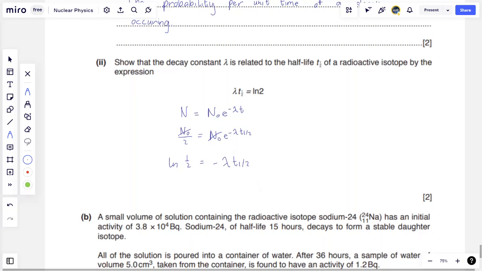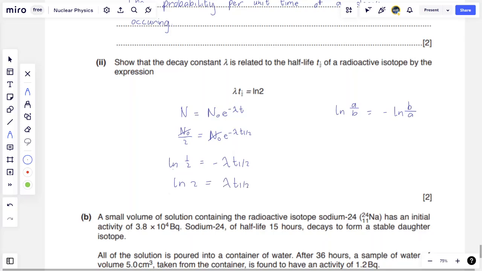But what I know from my log laws is that the log of a over b is minus the log of b over a. That comes from another log law that says log of a over b is log a minus log b. So simply, I can write log of half as minus log 2. And so I get log 2 is lambda T half.